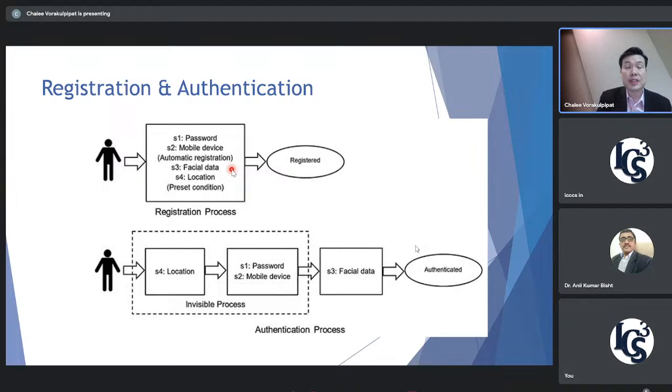So if you are registered already, then during the authentication process, like when I just arrive at the office in the morning, like at 7:30, and I open the application, the system will check the location first, from GPS or Wi-Fi locator, to check if you are in the office area or not.